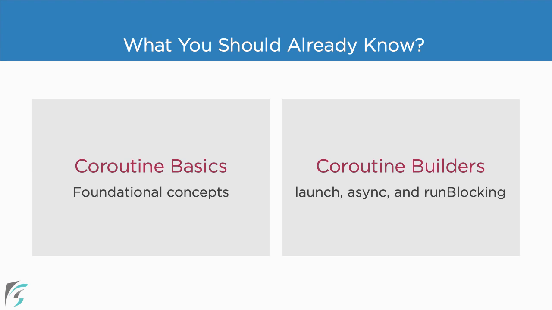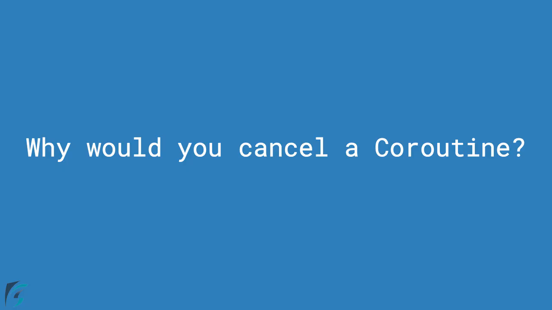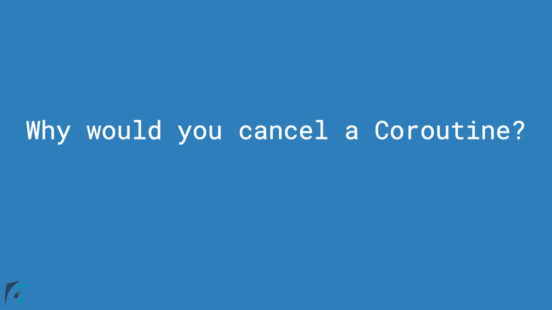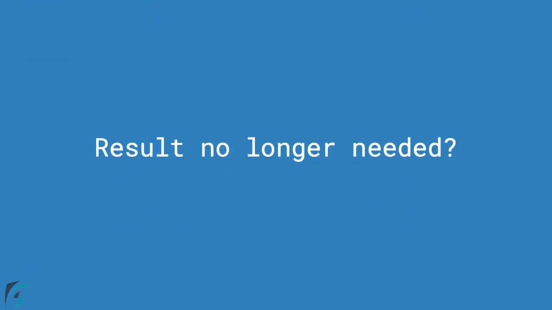Fine. Now, the first question that comes to my mind is, why would you cancel a coroutine? Why can't we just let it finish its work for which it was meant to be? Well, there are several reasons for which you would need to cancel the coroutine. There might be a case where you no longer need the result from the coroutine.